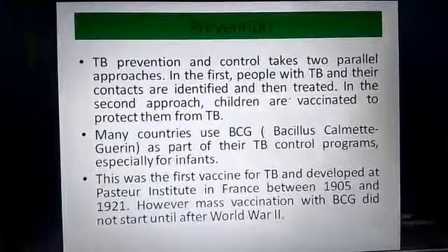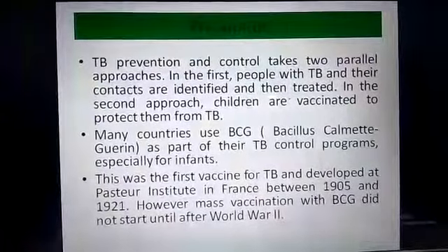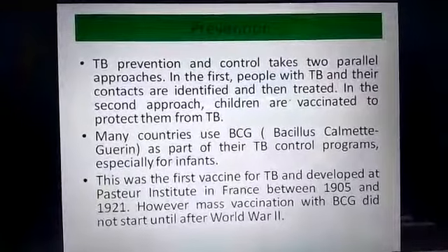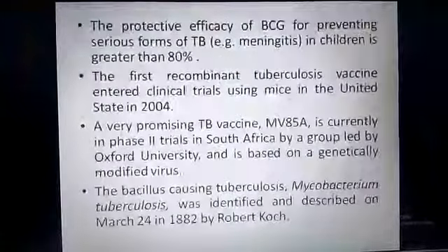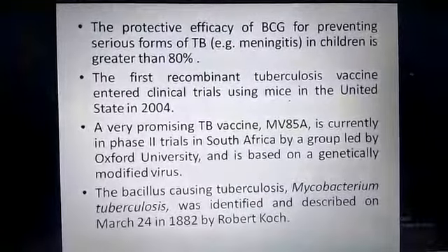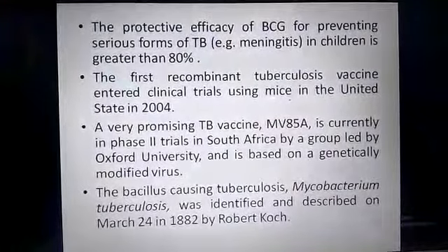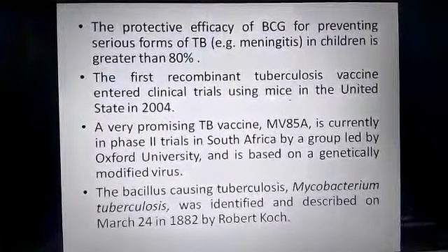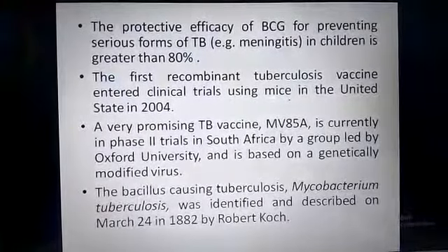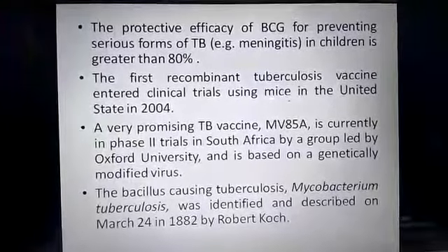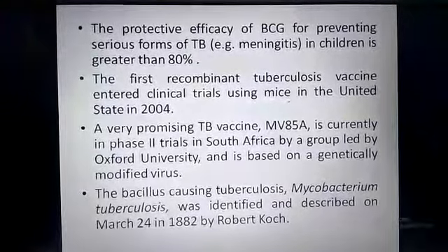However, mass production of this vaccine started only after the Second World War. The protective efficacy of BCG for preventing serious forms of TB, especially meningitis in children, is greater than 80%, but in adults it varies from person to person.